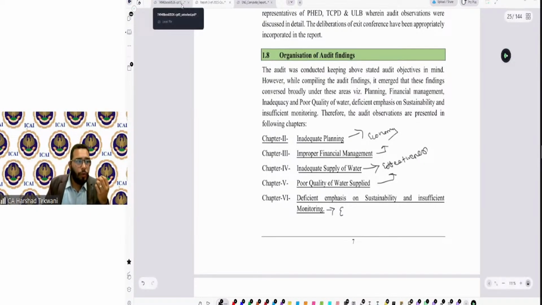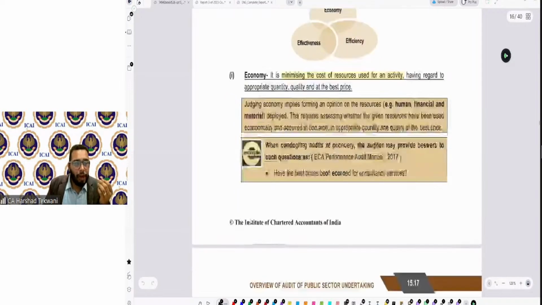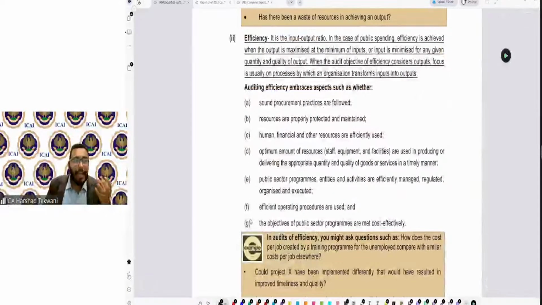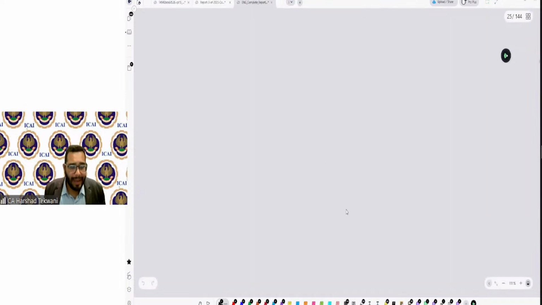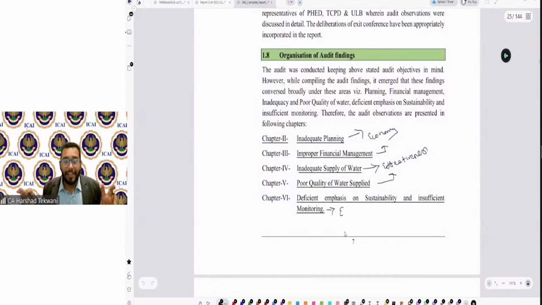So the second part talks about input-output ratio, that is efficiency. How much efficiency is there, whether monitoring is being done or not, whether the emphasis is being placed on sustainability or not. I'm talking about efficiency.